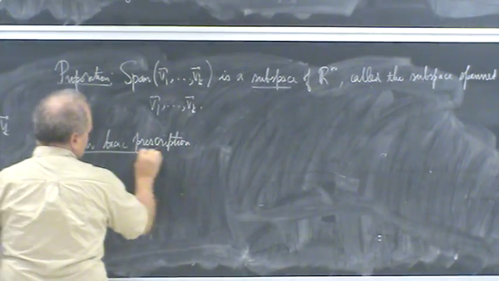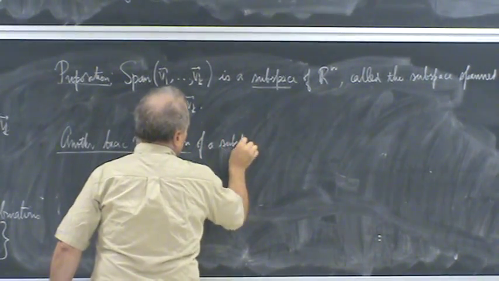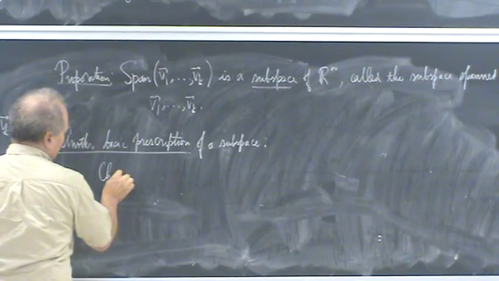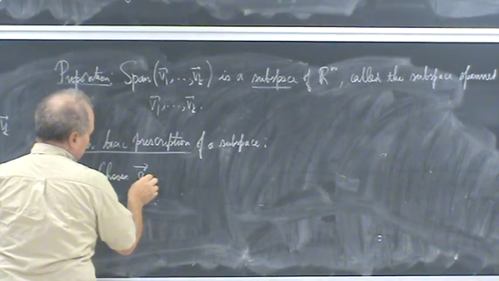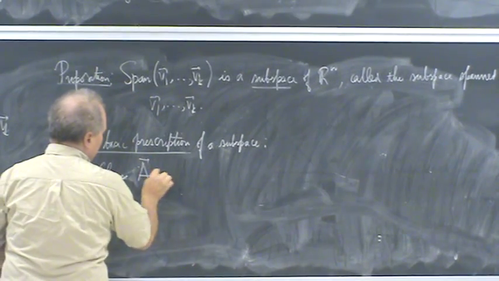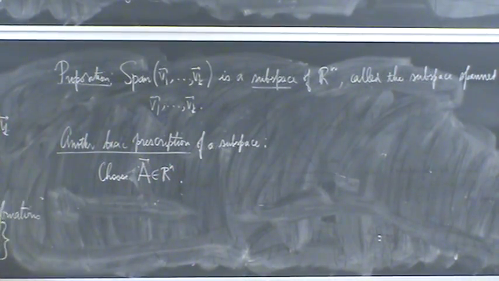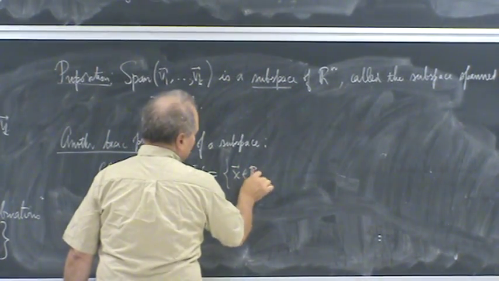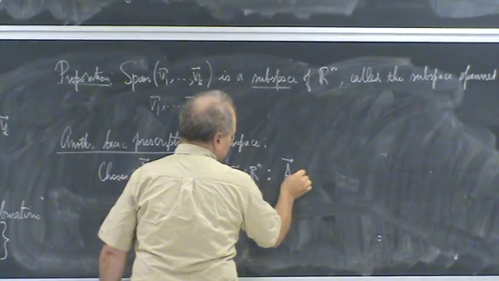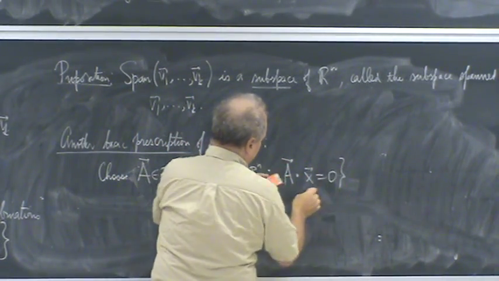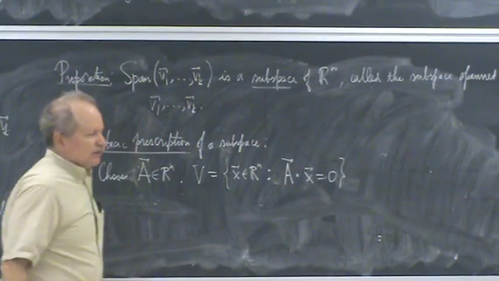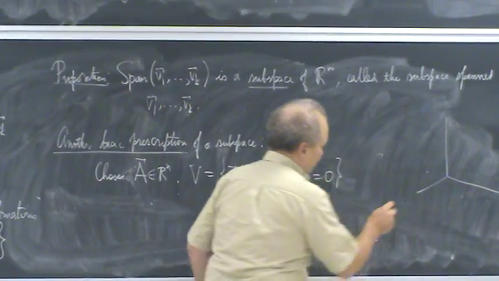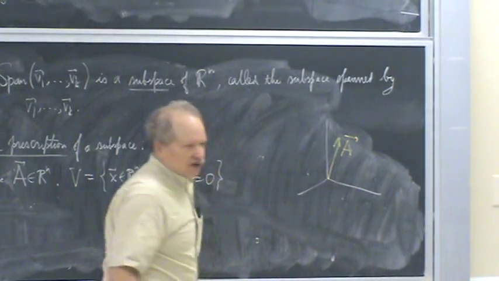Another basic prescription of a subspace is take any vector, let's do capital A, choose capital A in Rn, and consider the vectors in Rn that are orthogonal to capital A. The picture that you might have in your mind would be, here's a vector A. What vectors are orthogonal to that?